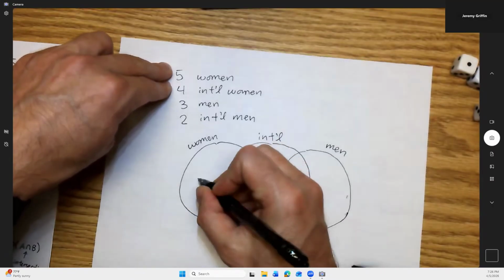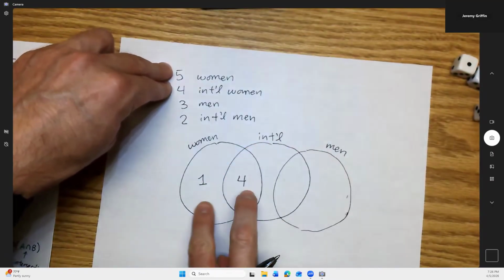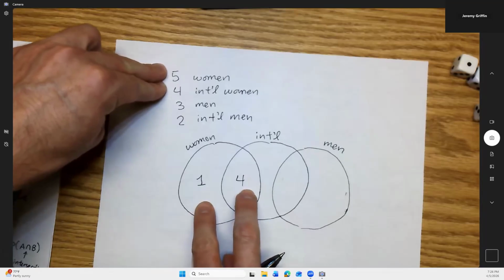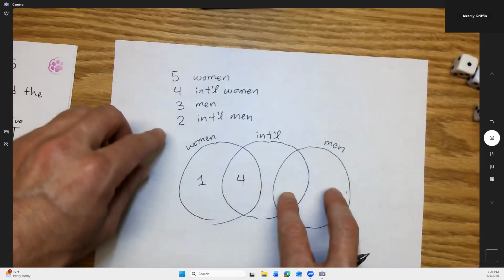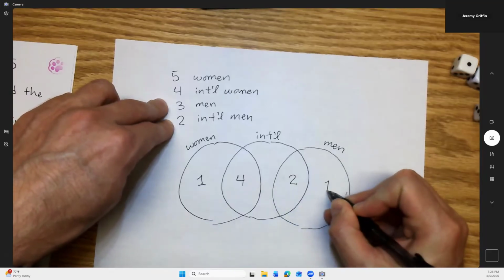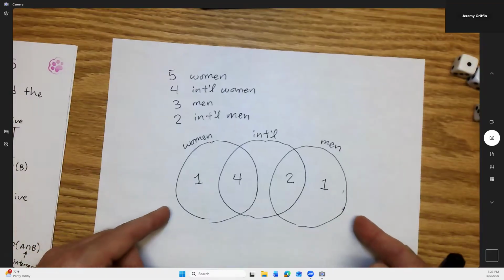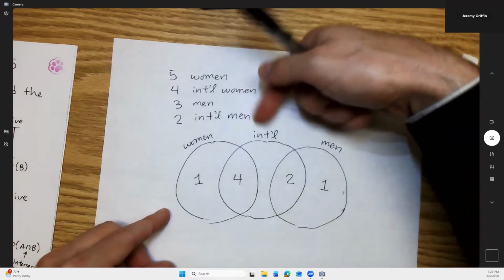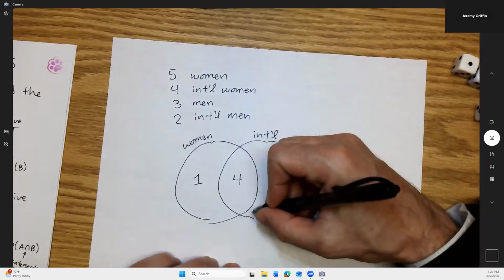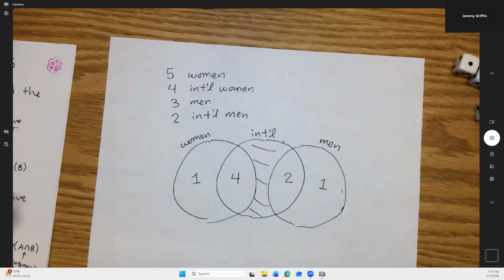So there would only be 1 woman who was not international, and the other 4 are international. So that adds up to my 5 women altogether. Now on the men's side, there's 3 men altogether, 2 are international, and that makes 1 not. So my Venn diagram has to look like this. I said 5 spaces, but really there's only 4. There's nothing that would go here because of these categories.